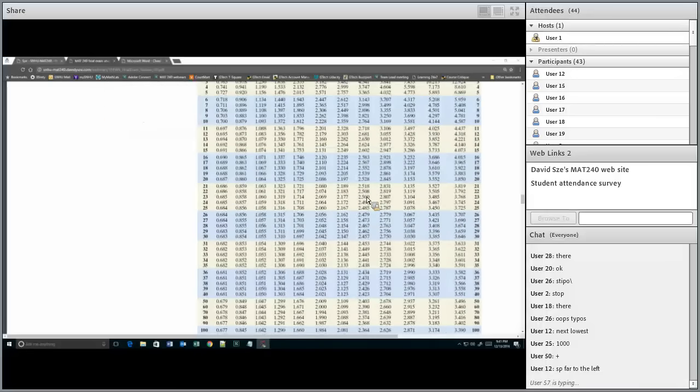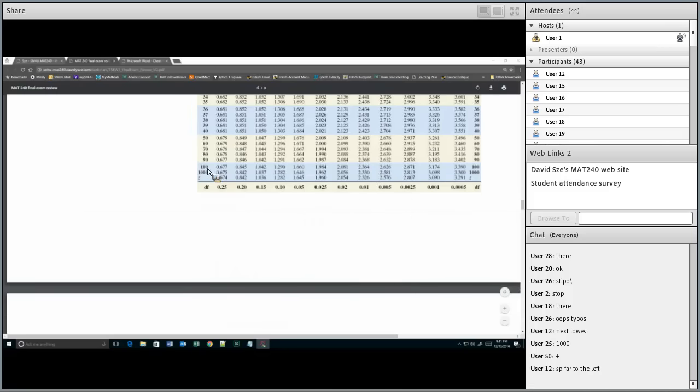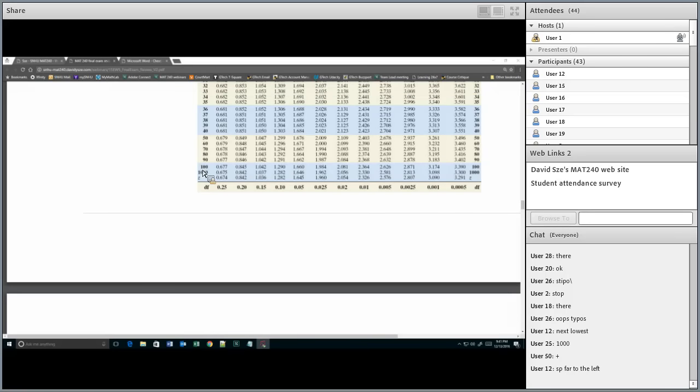But as the DF gets larger, the differences become very, very minor, right? In fact, look at the difference between 100 and 1000. See that? It's 2.364 versus 2.33. Not much of a difference for that much of a difference in DF. That's why after 100, they don't really show you other values because they're so close to each other anyway.